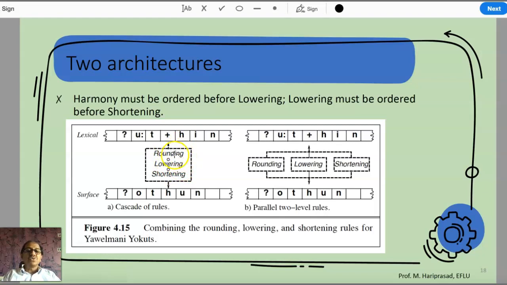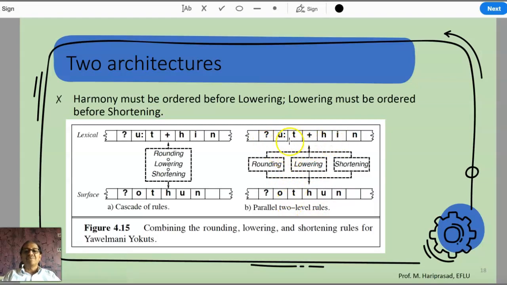Okay, so each rule can become a transducer, and you need a cascading of transducers or cascading of rules. This is one architecture. But you can also have an architecture where the rules or the transducers apply parallelly, like your two-level rules, where rounding applies, lowering applies, and shortening applies. They apply parallelly. How do you do that? That means you have to apply some constraints on the lexical level and surface level.